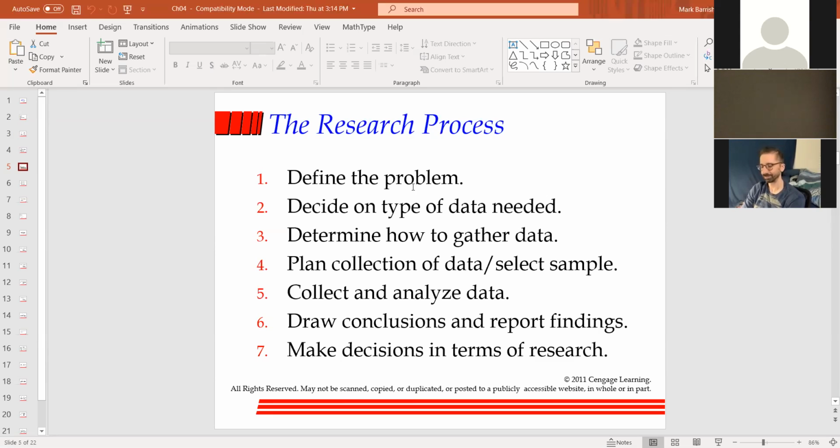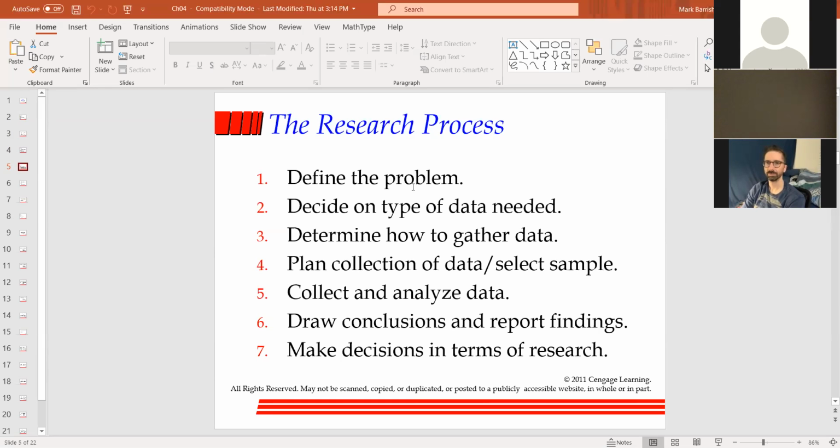So defining the problem means defining it so you can say it in a simple sentence. And it has to be so well defined that you know from that definition exactly what variables you need, the type of study that you have to do, and how to gather the data. Without that very specifically defined problem, you can't do those other things.